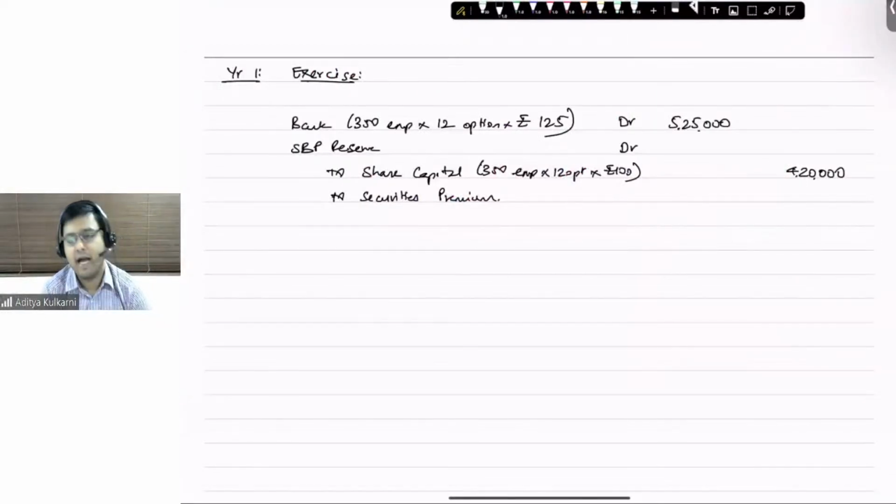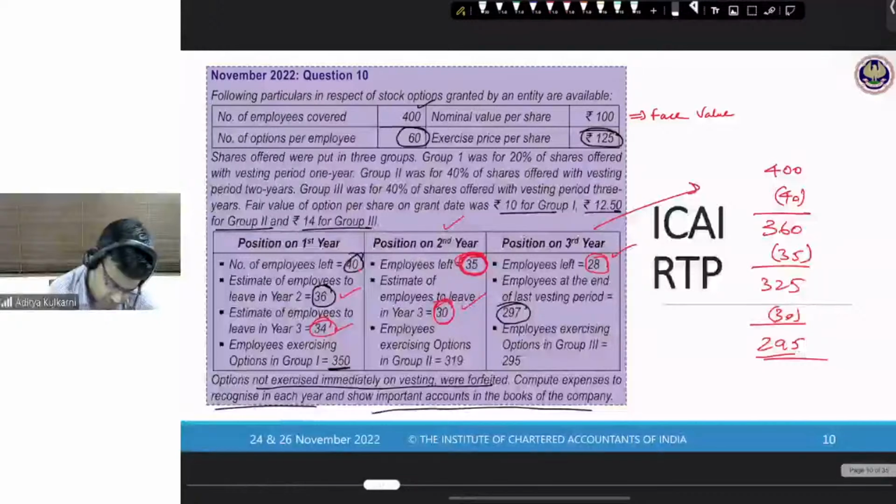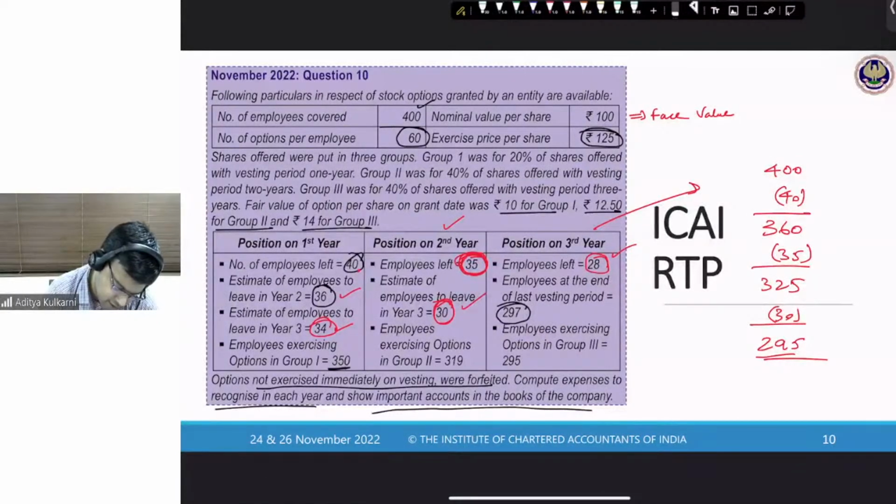So now coming to securities premium and SBP reserve. How am I going to calculate? Simple, please pay attention. The fair value of the option is how much? Sir, it is rupees 10. So this is essentially the SBP reserve component.